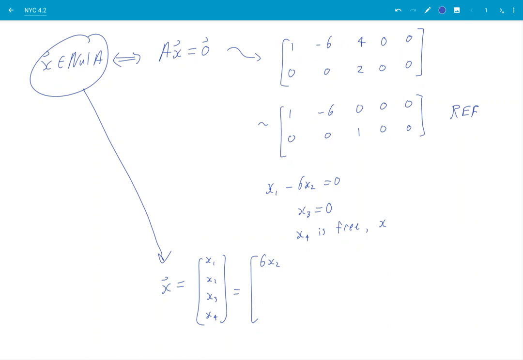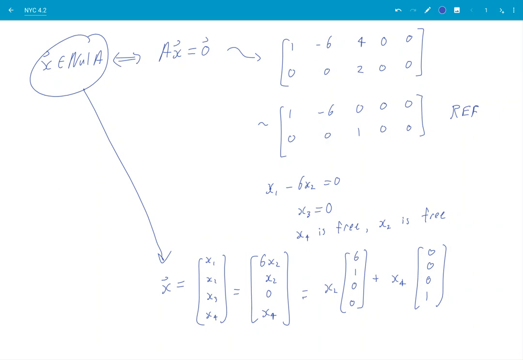X2 is also free. Okay, don't forget this. X2 is free, X3 is 0, X4 is free. Pulling this apart, we get X2 times 6, 1, 0, 0. X4 times this vector.